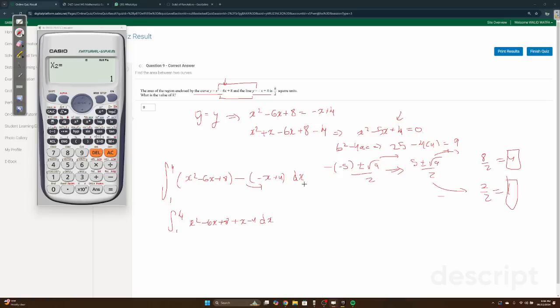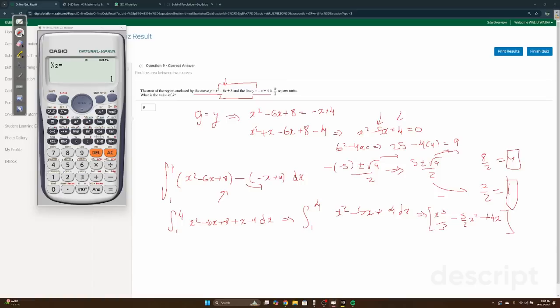By the way, what you get after subtracting both curves is always what you get when you equate the curves. But do it this way, you need to show you subtracted. Anyway, if you combine like terms, integral 1 to 4, x squared minus 5x plus 4 dx. Integrate, it's going to be x cubed over 3 minus 5 over 2 x squared plus 4x.